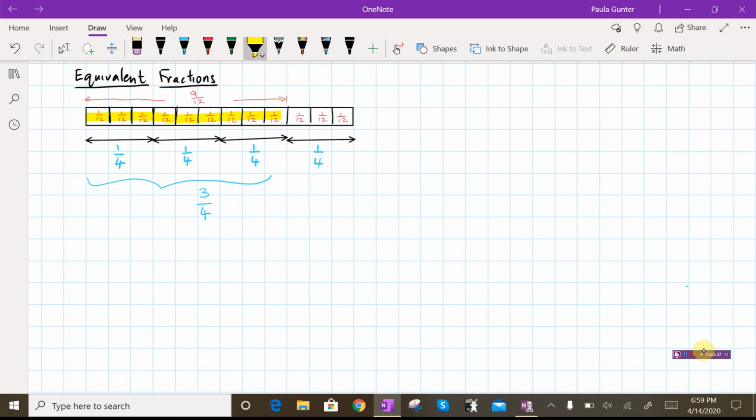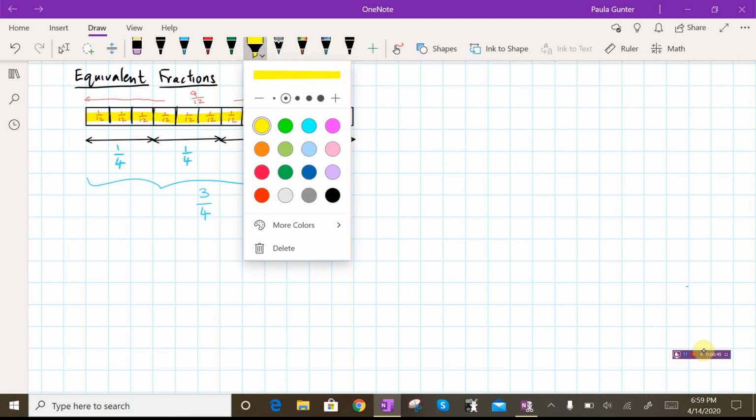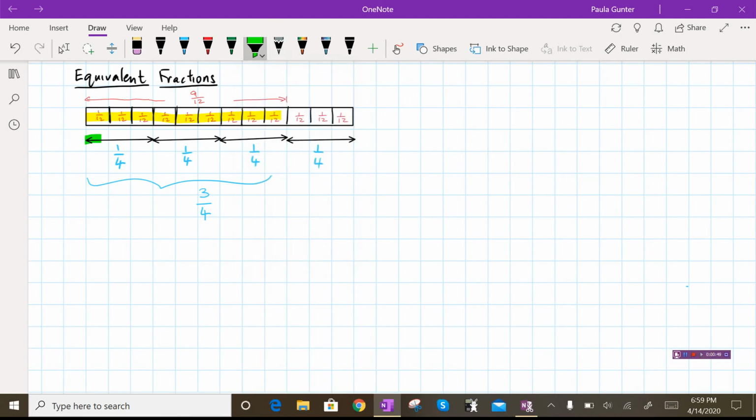Now, similarly, if you follow along, you will see that there are some lines underneath that bar, my rectangle. Each part is a quarter. So the entire rectangle is divided into 4 equal parts. Each part is a quarter.